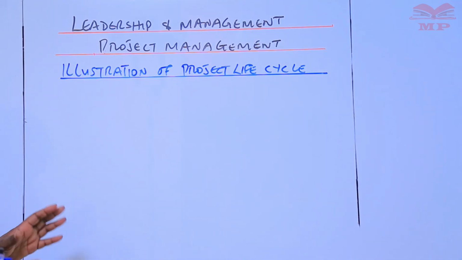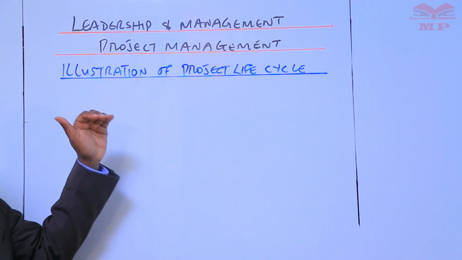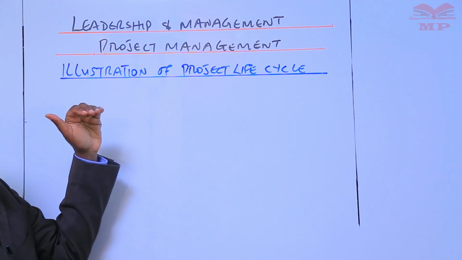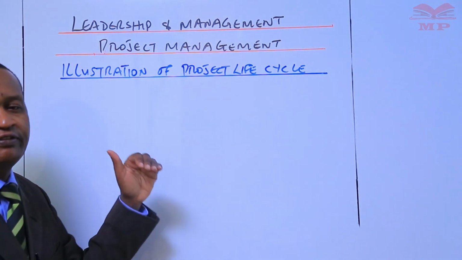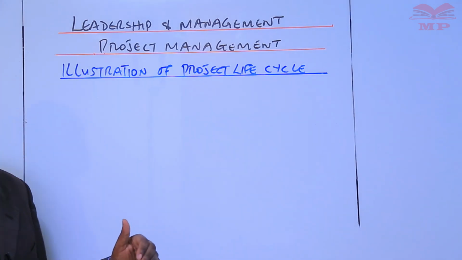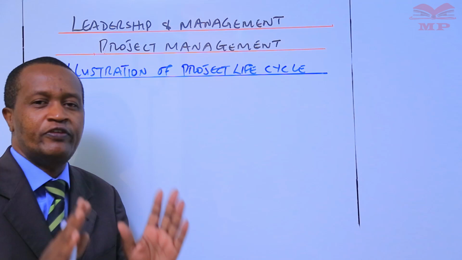So instead of just approaching a project wholesale, a project is split into phases that we are calling the project life cycle. And in our lesson today, we discuss 4 phases.